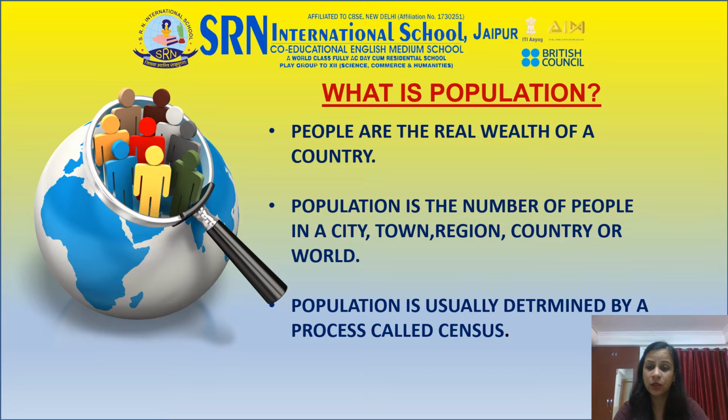In other words, we can say that population is the number of people who are living in a particular place in a specified period of time. Population is usually determined by a process called census, which is conducted every 10 years.